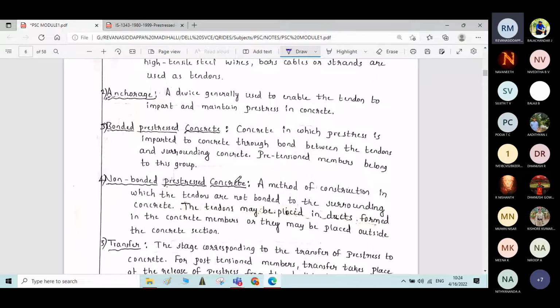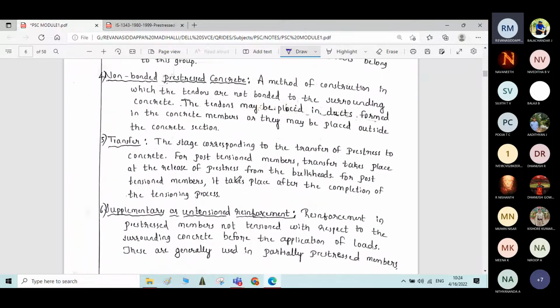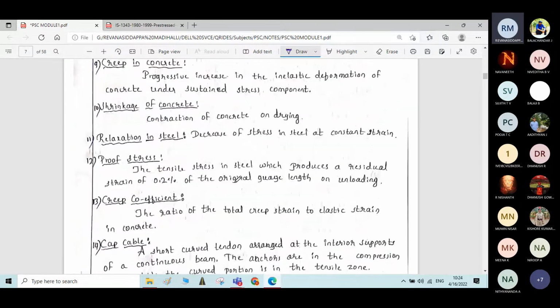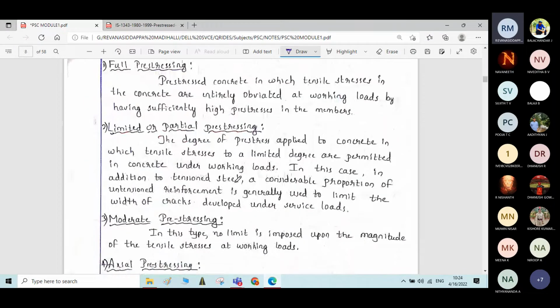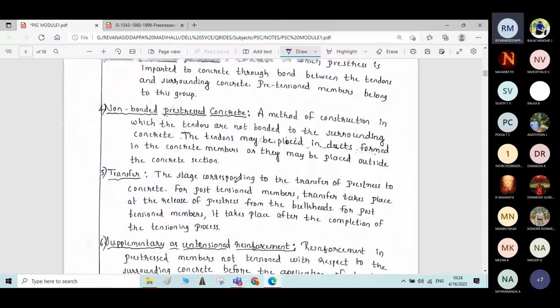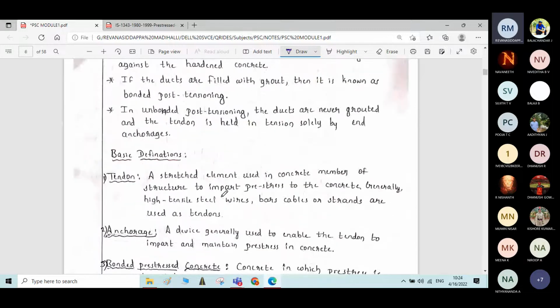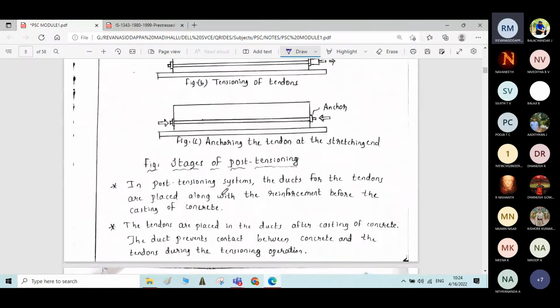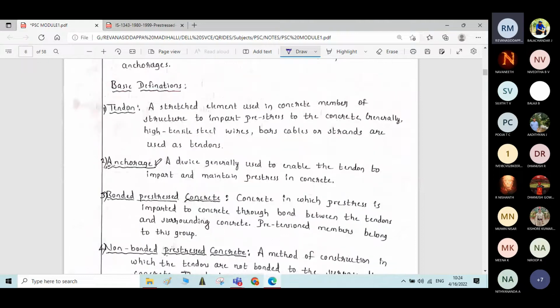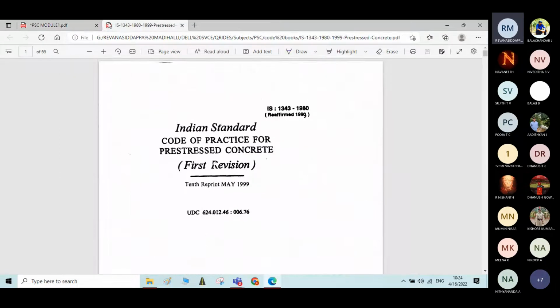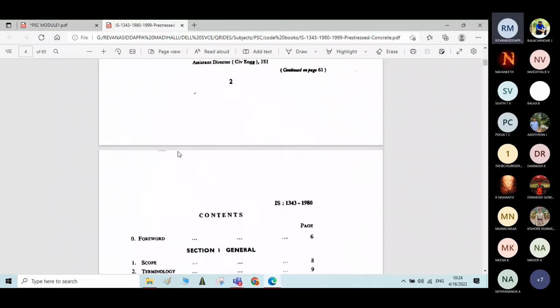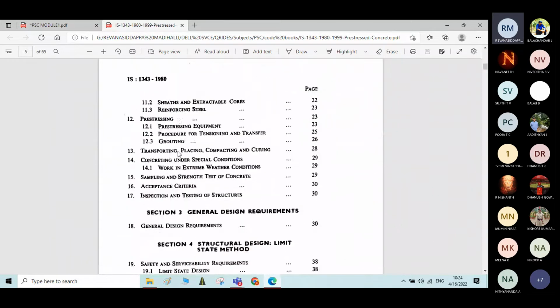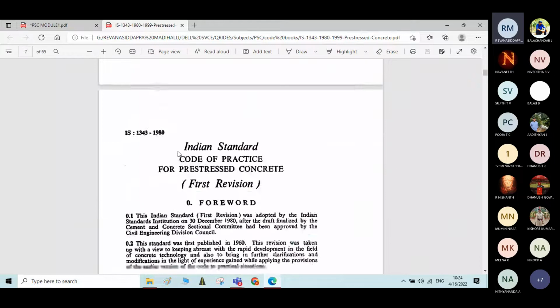We should be thorough with all these terminologies to understand the upcoming topics of prestressed concrete. These terminologies have been given in the code book, IS 1343, which you can also refer to. A few terminologies have been explained there, but a few are not, and I have written both in the notes.